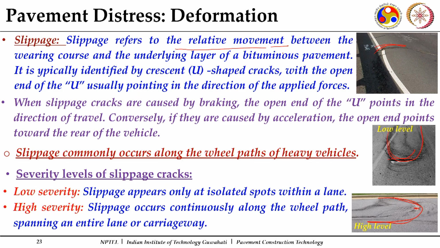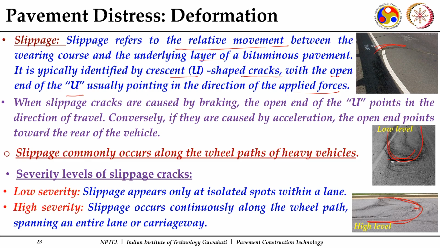Slippage crack refers to the relative movement between the wearing course and the underlying layer of a bituminous pavement. It is typically identified by crescent or U shaped cracks, with the open end of the U usually pointing in the direction of the applied forces.